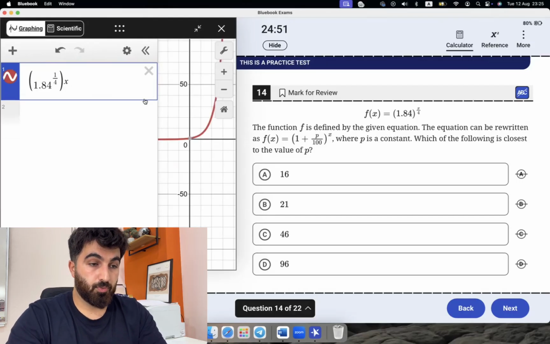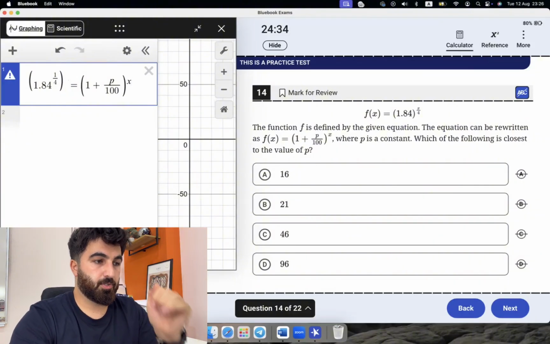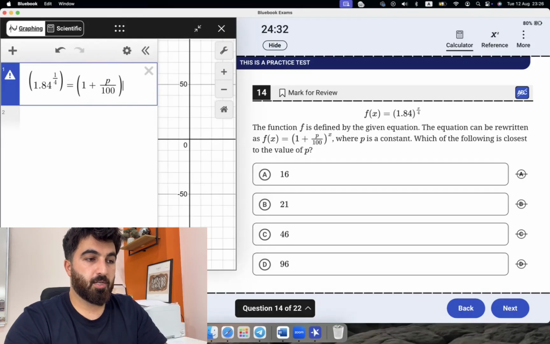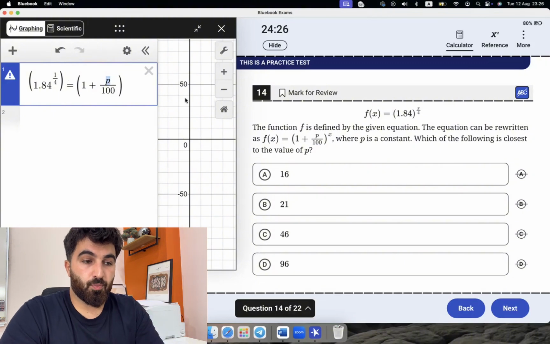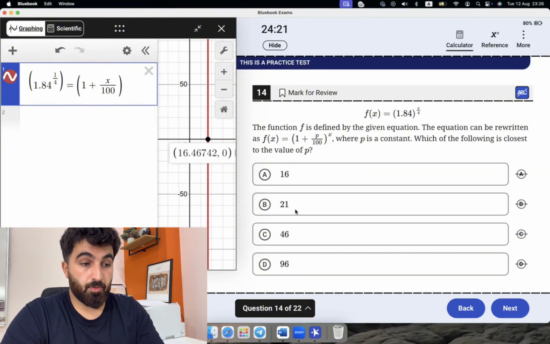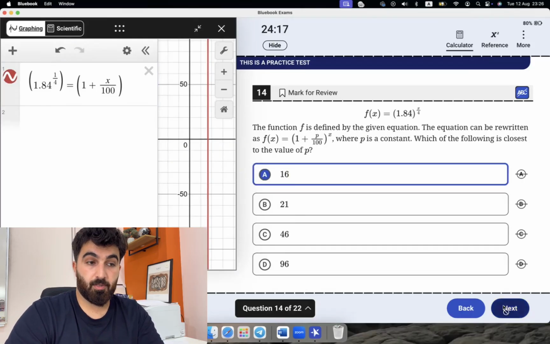Is equal to, raised to x, right? Because they both are raised to x, I'll just delete the x part. It means the parentheses are equal to each other. So instead of p, can I just write x or y to see what the value of p is? When I write x, it's 16 point something. Because they ask for the closest one, I'll pick 16.